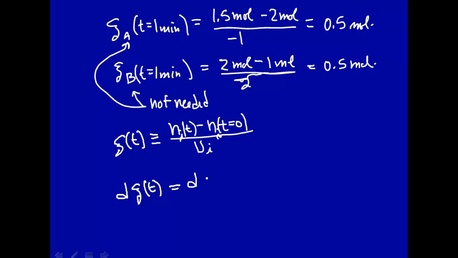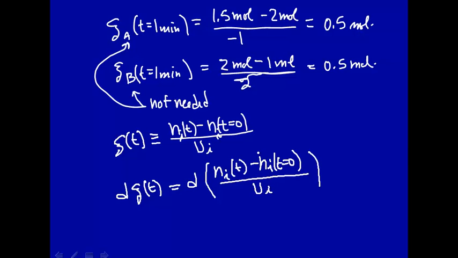So dξ is d of n sub i at time t, whether it's reactant or product, minus n sub i at time equals 0, divided by the signed stoichiometric coefficient, which is a constant. n sub i at time equals 0 is also a constant, so this is just equal to 1 over nu sub i, a constant, times d n sub i of t. Both of these are time dependent.